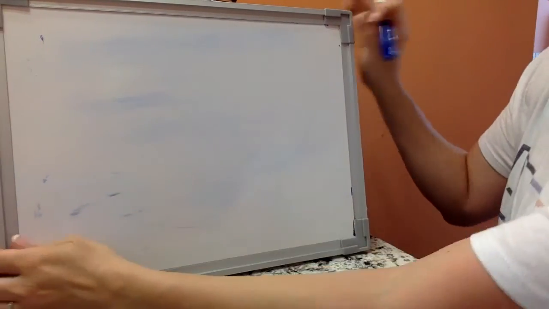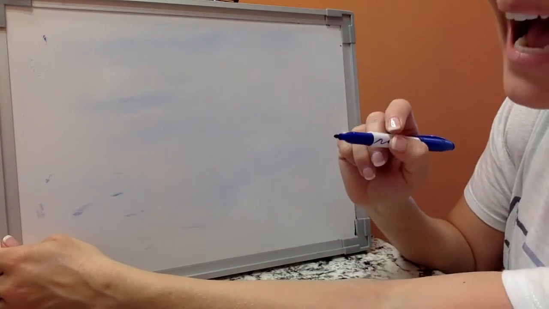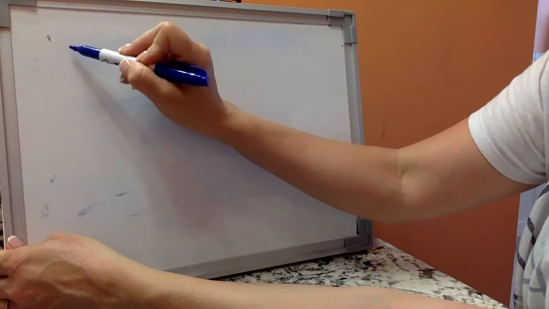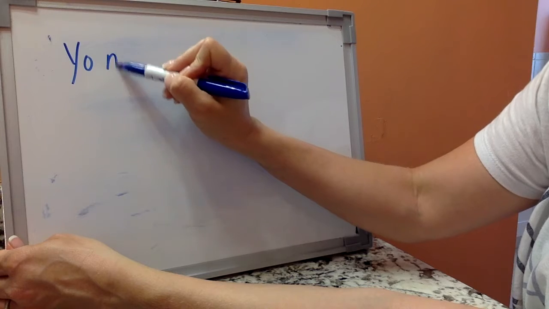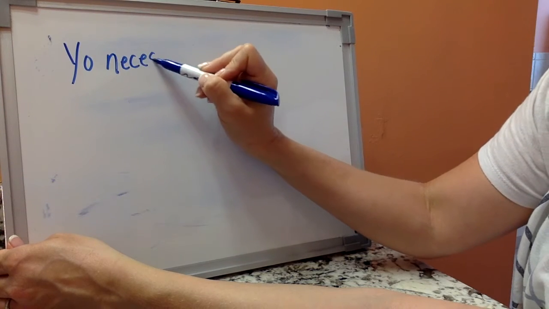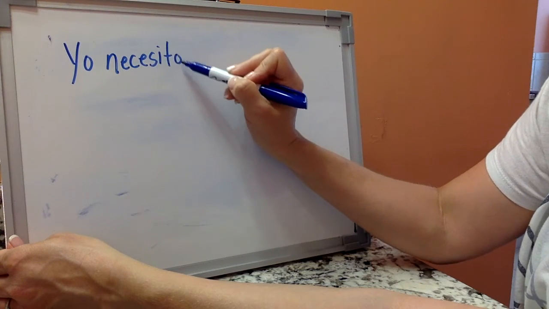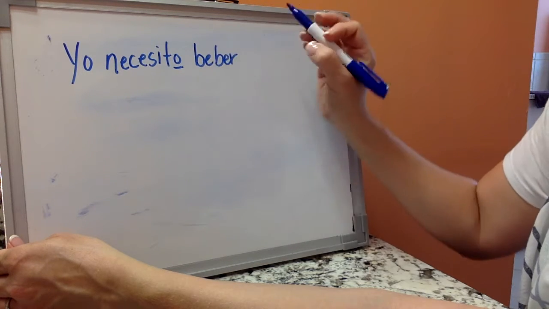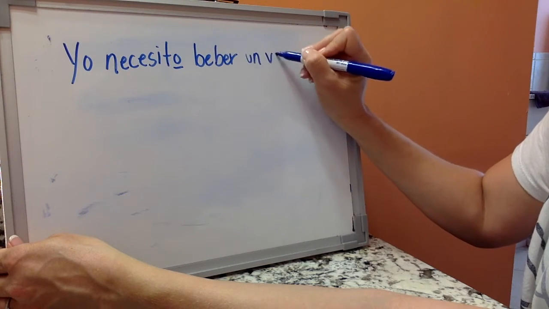Okay, so for example, if I said I need to drink some water, okay? Yo, now to need is an AR verb. Necesito beber un vaso de agua.